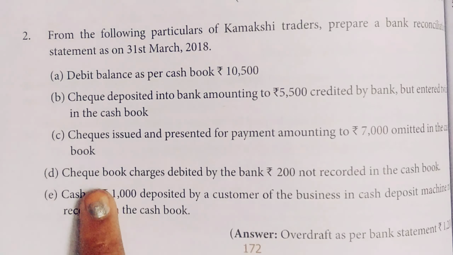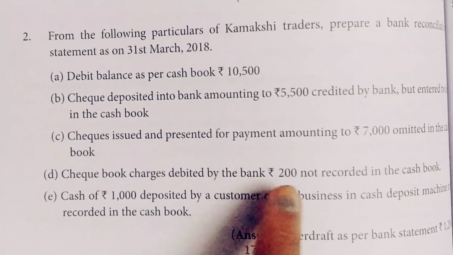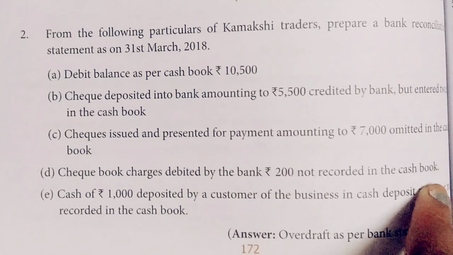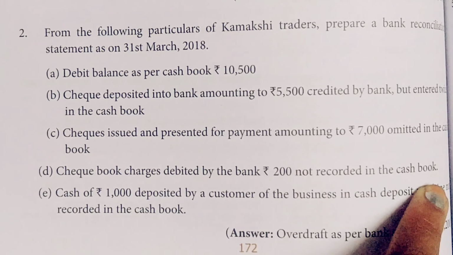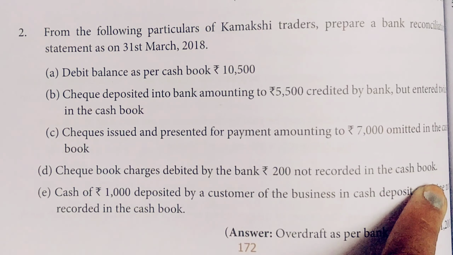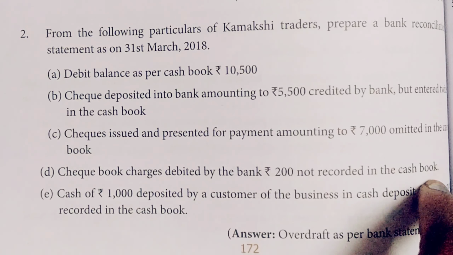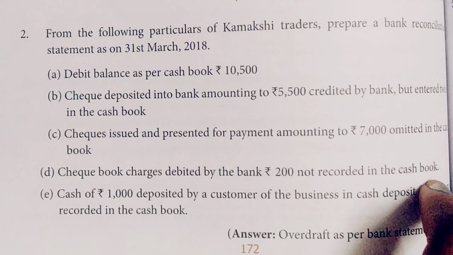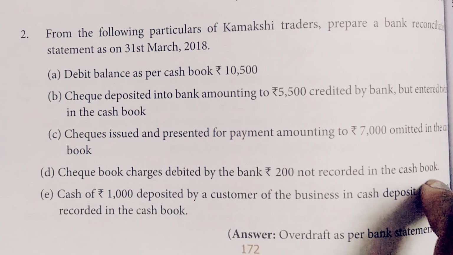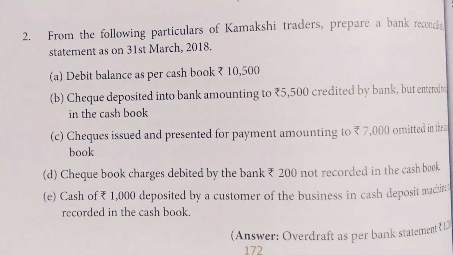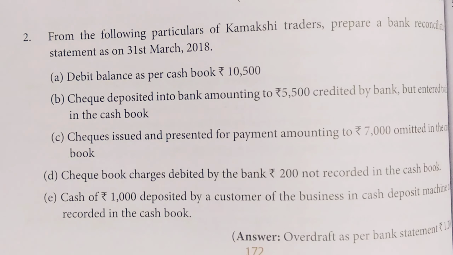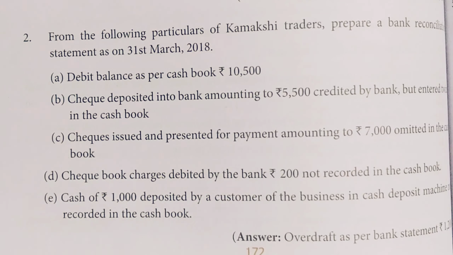Next is checkbook charges of 200 debited by the bank, not recorded in the cash book. The concept of debit and credit in the passbook changes, because debit means payments or withdrawals in a passbook and credit means deposits in a passbook. So it's just the opposite of the general debit and credit concept we use in accounts.